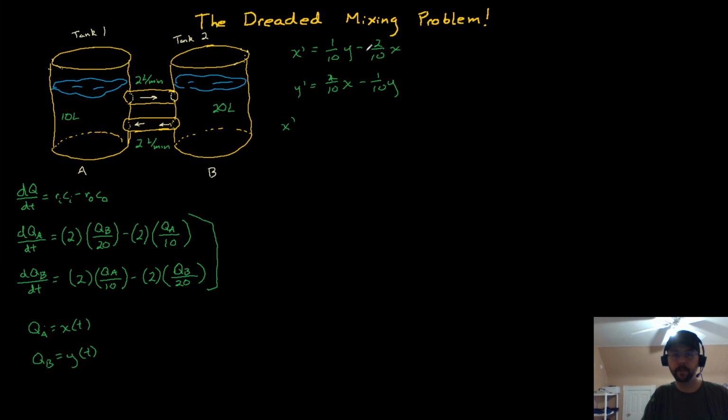When I move this term to the other side, I'm going to get plus 2 over 10 x minus 1 over 10 y equals 0. So now it's more apparent that this is first order homogeneous constant coefficients. We have y prime. Actually, hold on. Let's try to keep them beside each other. So this is going to be negative 2 over 10 x.